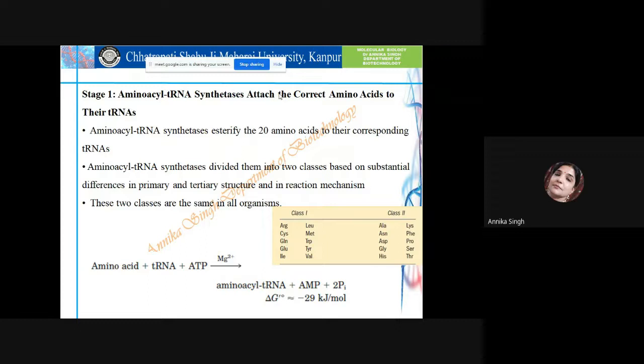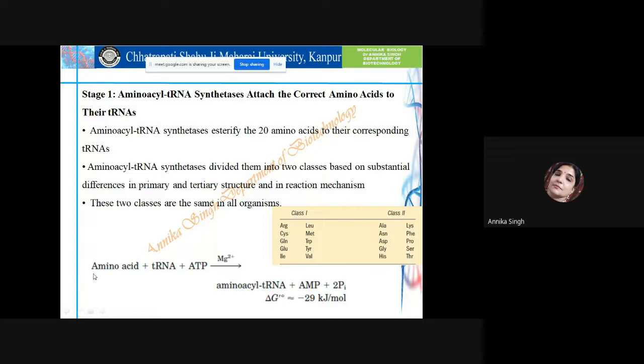Okay. So in the first step, actually this step is also categorized into two steps. The first is the activation of amino acid, and the second is the formation of amino acyl transfer RNA. This reaction is catalyzed by a specific enzyme, an amino acid specific enzyme, known as amino acyl transfer RNA synthetase.